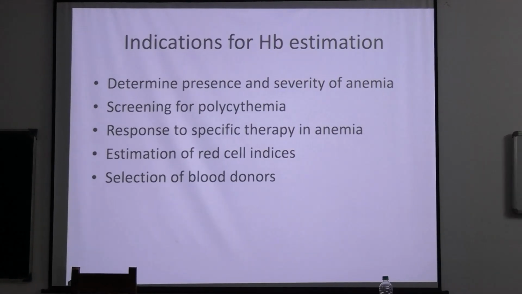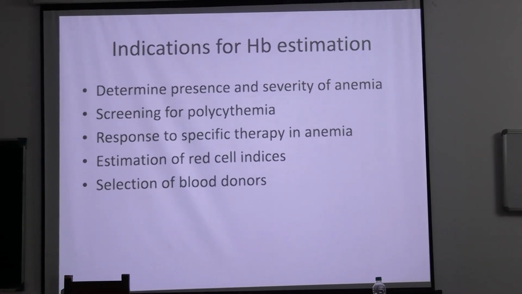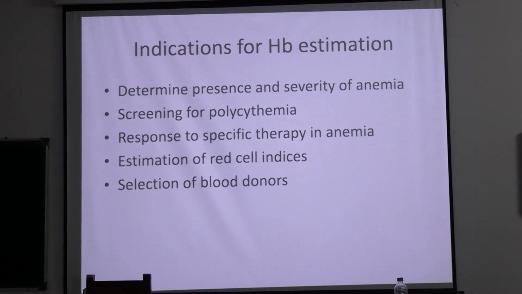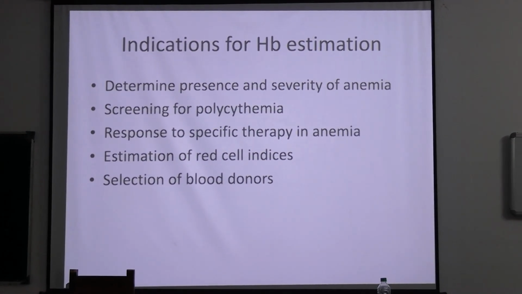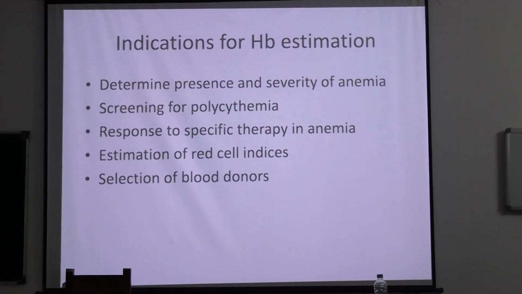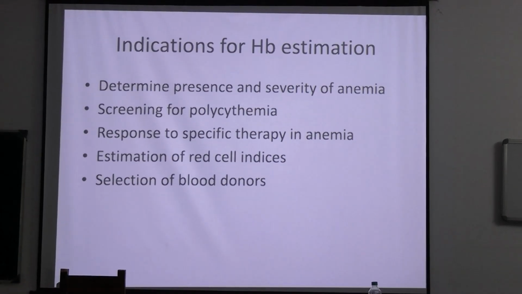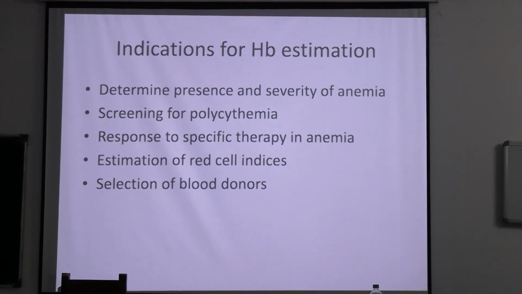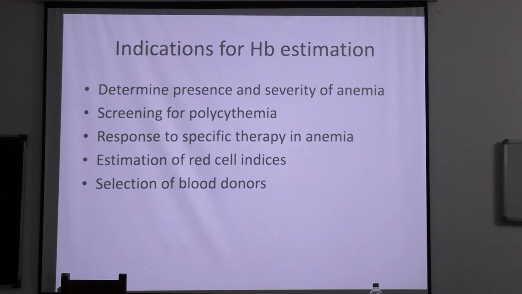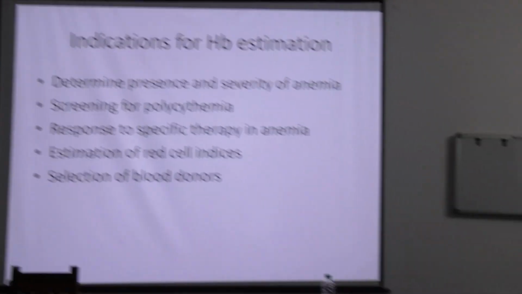When you do the general checkup, you see pallor, the patient is pale, you see the lower part of the conjunctiva and you see it's pale white. So, from the clinical examination, you can say that the patient has pallor.